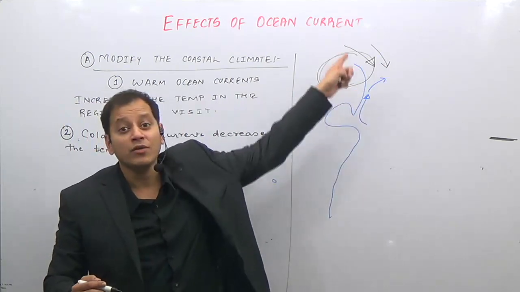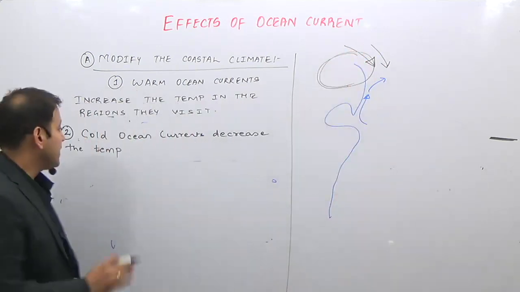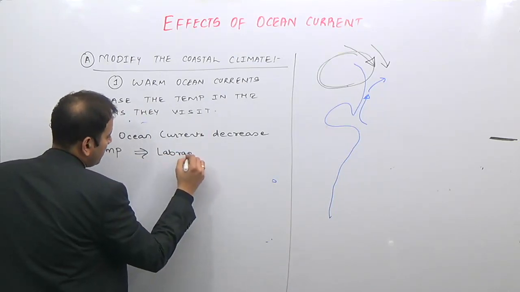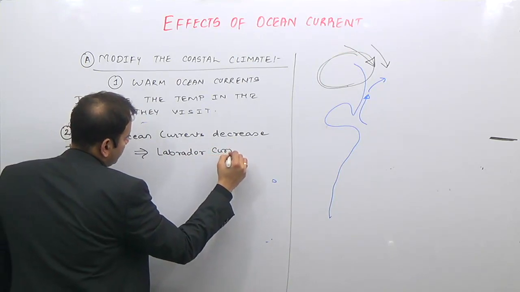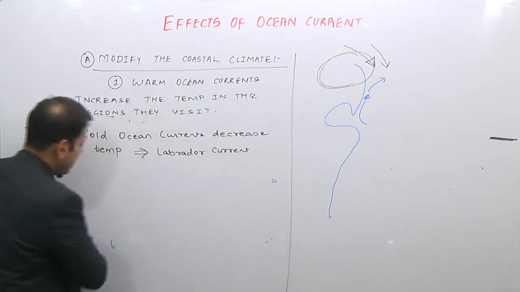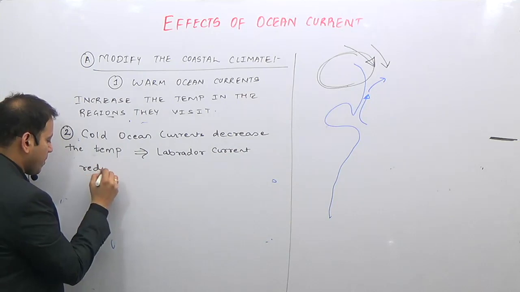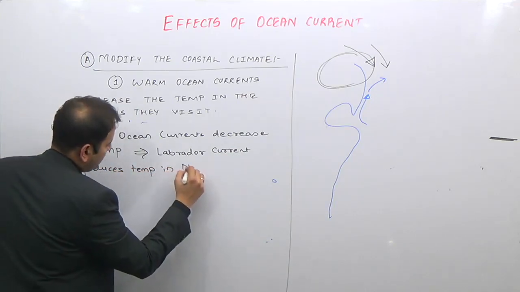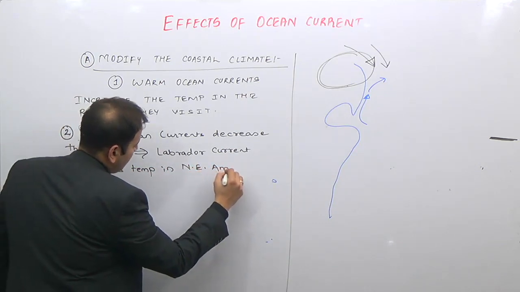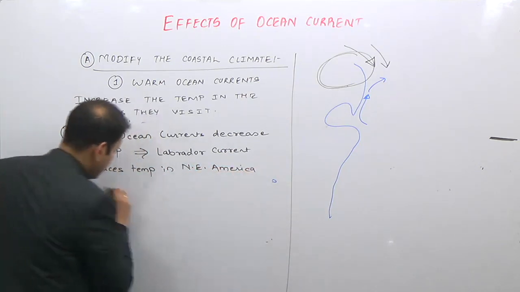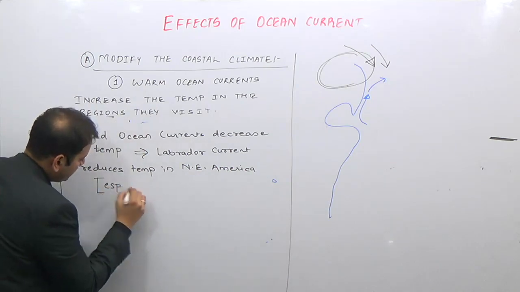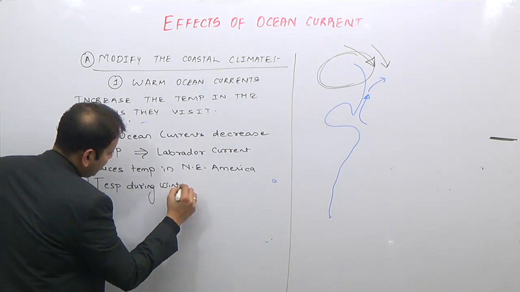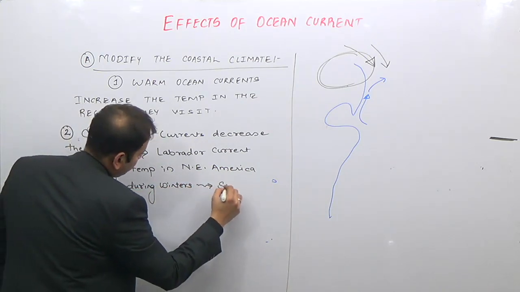For example, again the Labrador current reduces the temperature in northeastern USA or northeastern America, especially during the winters. It will cause snowfall.